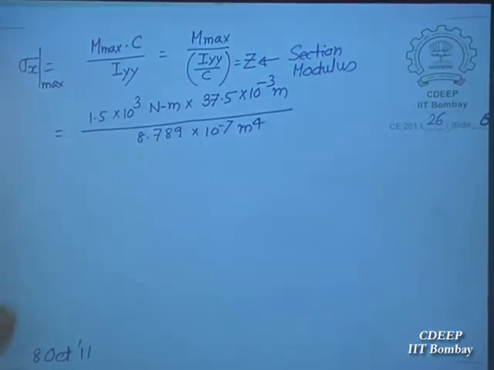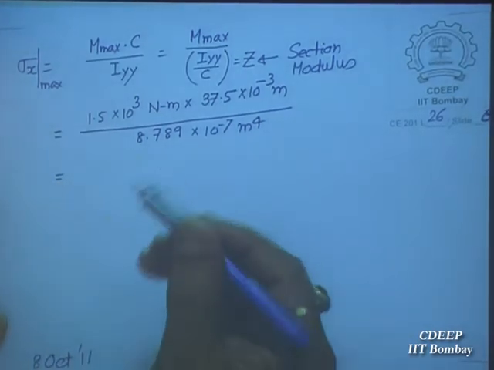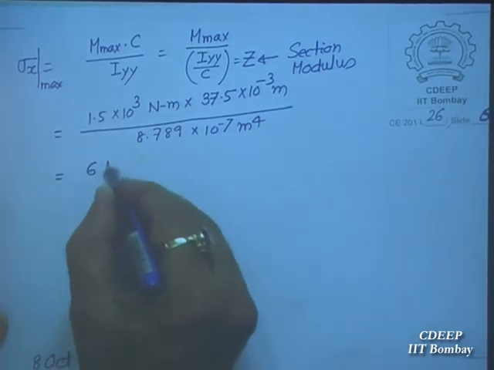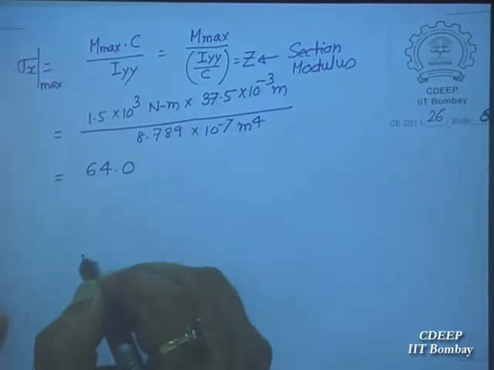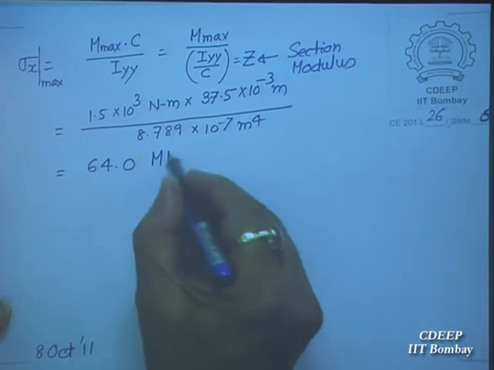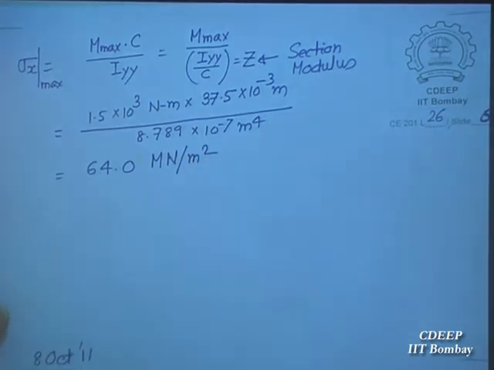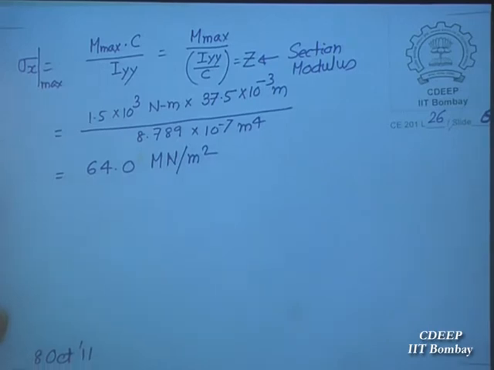The best thing is to write the units. So you get here 64.0 MN per meter square. What is MN?